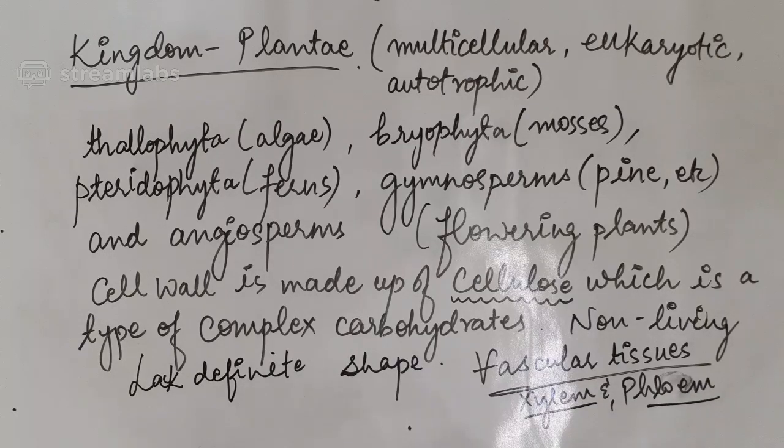Xylem conducts water and minerals, and phloem conducts food in plants. Now let us discuss them on the basis of presence and absence of vascular system, and also on producing flowers or seeds.